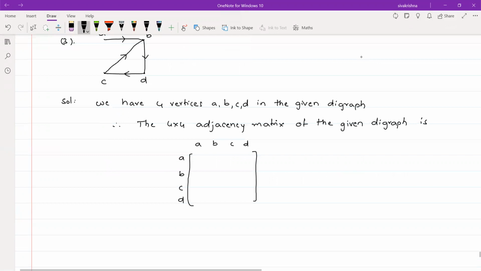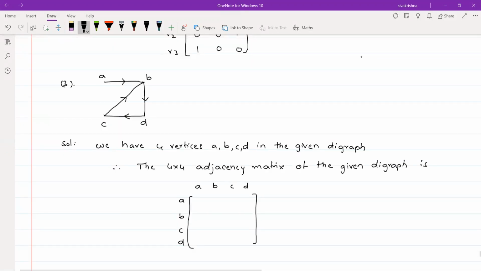Now coming to the digraph, so we have to check the edges in between the vertices, right? Once again, in the given diagram, we are not having any self loops. So in between A and A, we are not having any edges, so that we have to write 0. From A to B, we are having an edge, so that we have to write 1. From A to C, we are not having any edge, and also from A to D we are not having any edge, so that we have to write zeros.